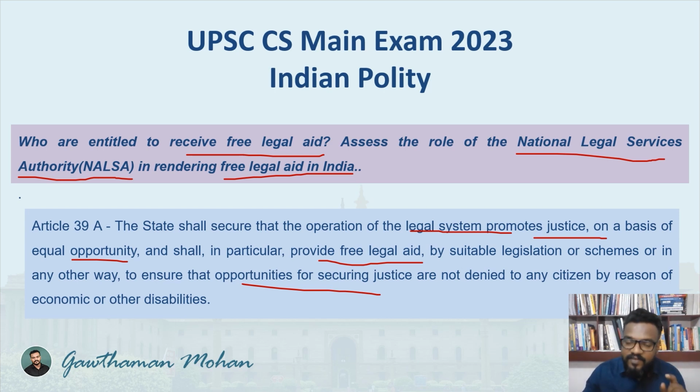So Article 39A talks about free legal aid. It is the duty of the state to provide free legal aid.